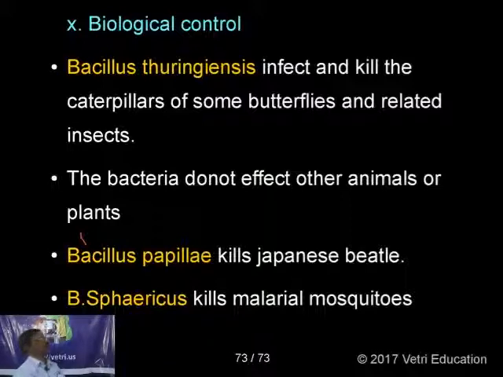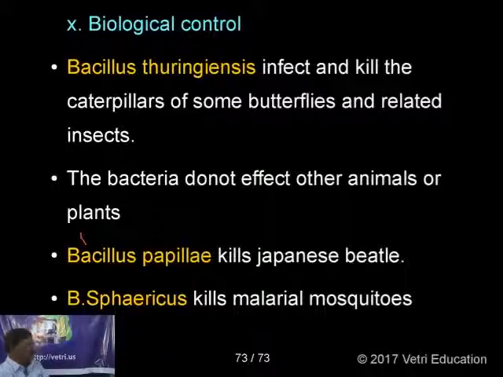This BT powder is found in agriculture offices and we can also use it. When the caterpillar eats this powder, crystals are formed in its gullet and the caterpillar dies. This is a biological control, but it never affects the host plant. These bacteria do not affect other animals or plants.